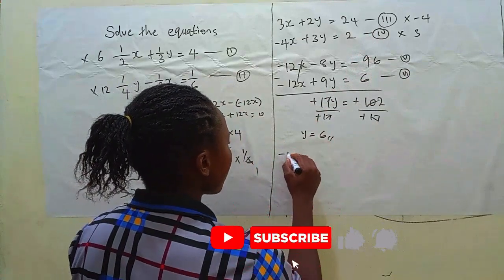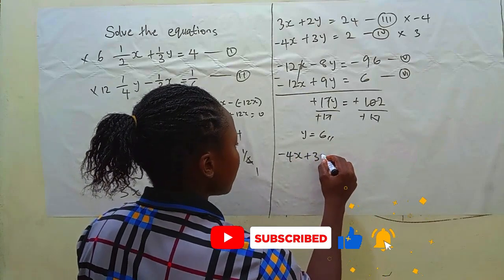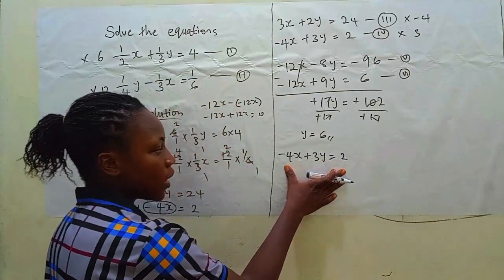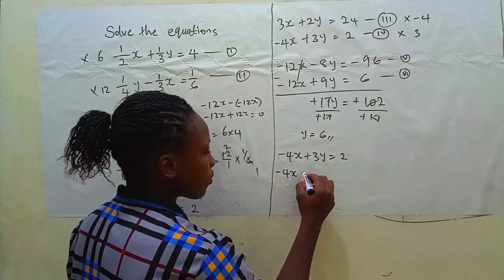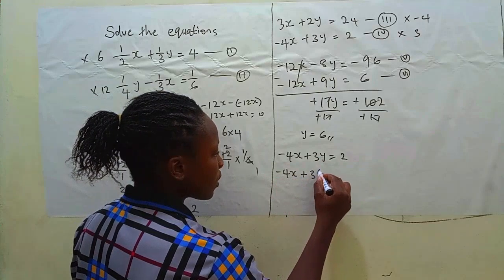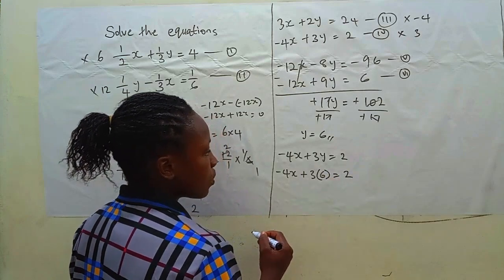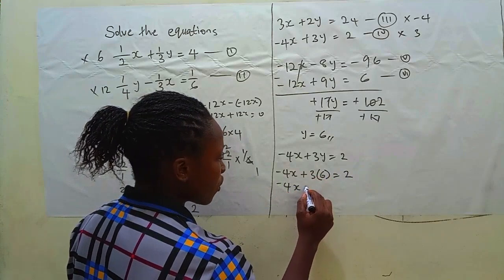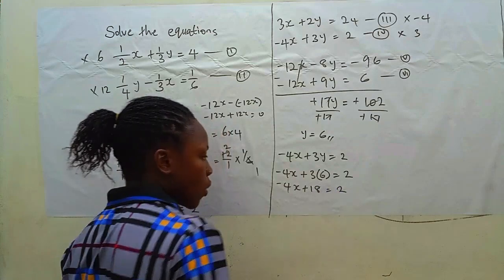So we have minus 4x plus 3y equals 2. This is our equation 4. So we have minus 4x plus 3 times 6 equals 2. Minus 4x plus 18 equals 2.